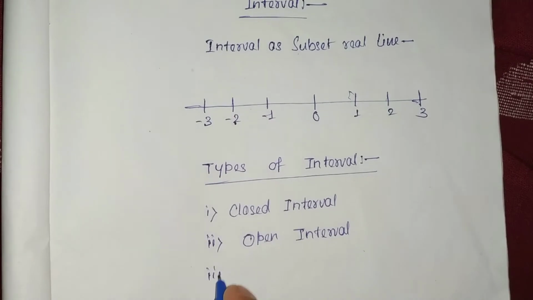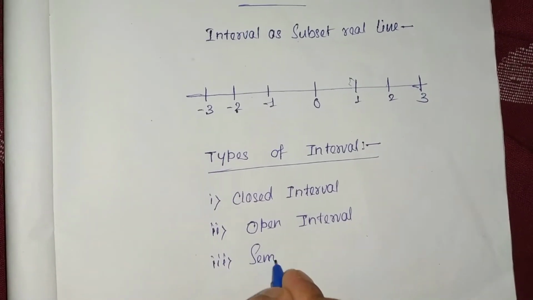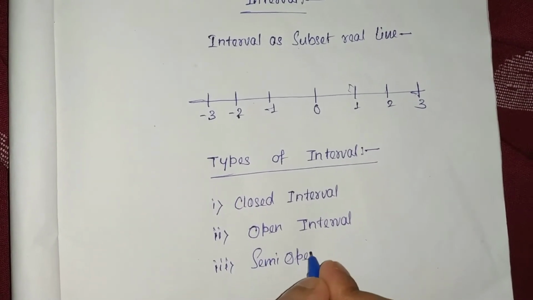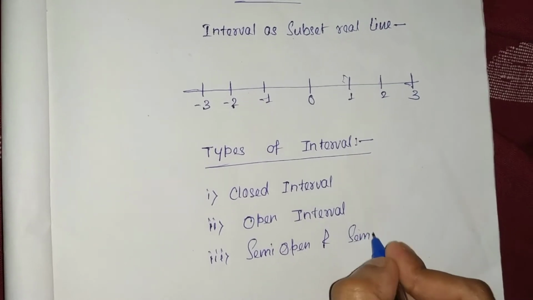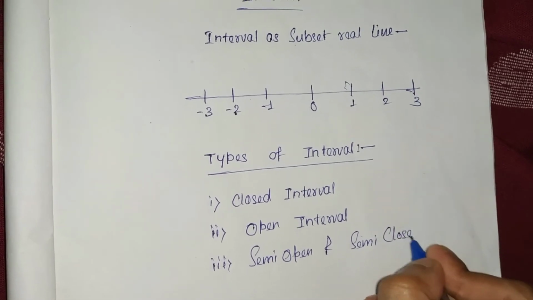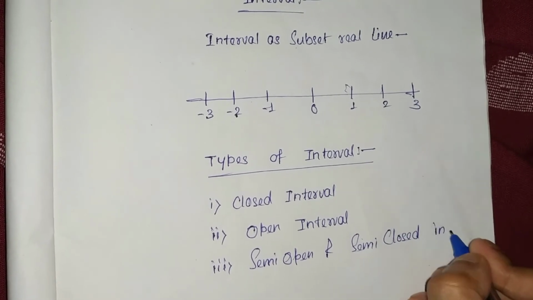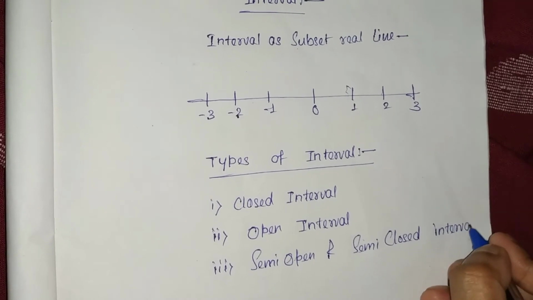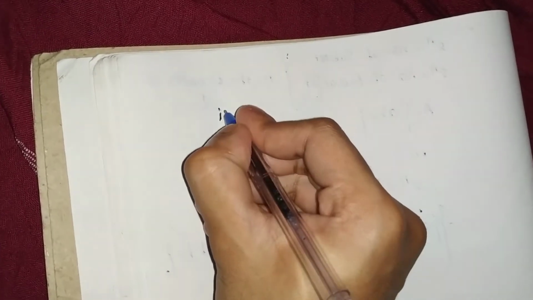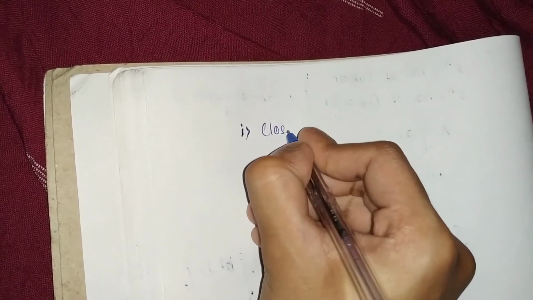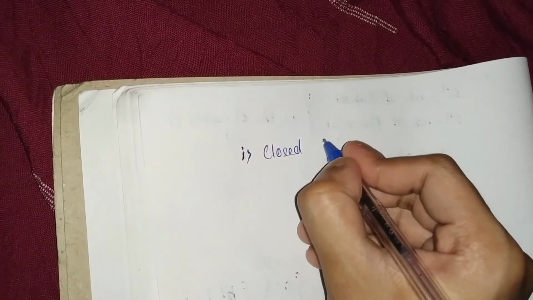Third is semi-open and semi-closed interval. Let's discuss the topic. First is closed interval.